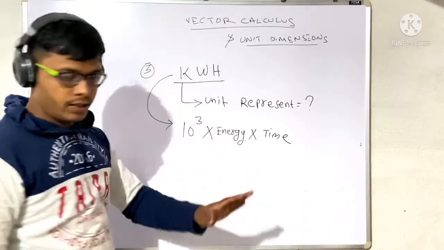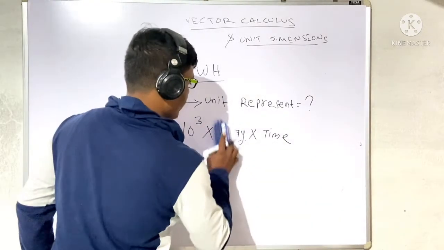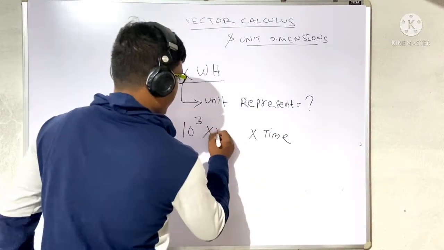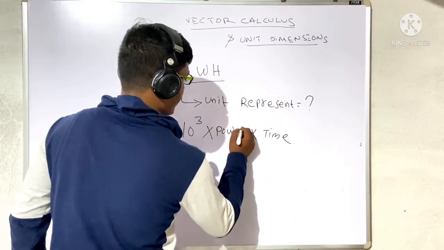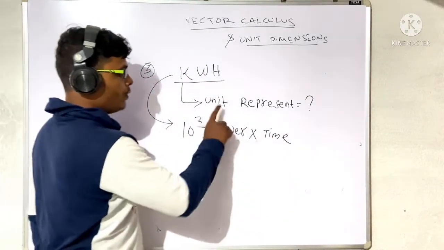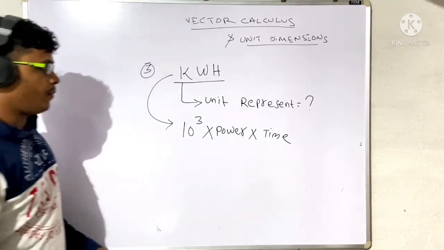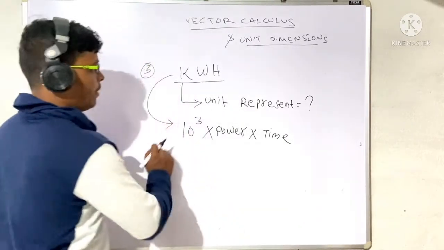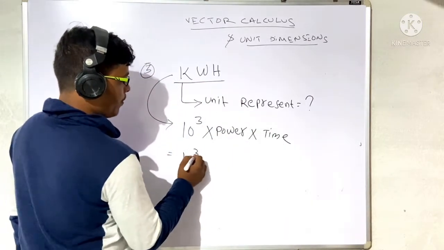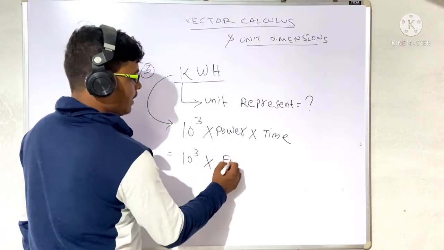Sorry, that is not the unit of energy, that is the unit of power. So watt is the unit of power. Now correct. The kilo is 10 to the power 3, and hour is the time. So 10 to the power 3 is a constant, and power equals energy by time.